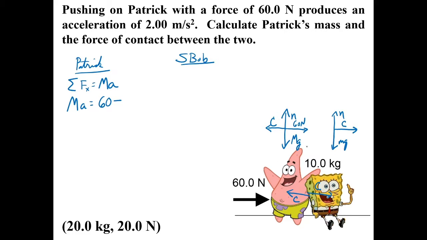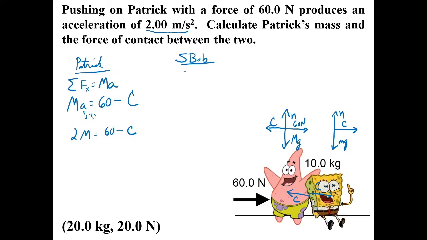We're pushing towards the positive x direction. The contact force resists. Oh, well, let's see what we know. In this case, we don't know the m. We know the a is 2. This is 2 right here, meters per second squared. So I get 2m is 60 minus c.